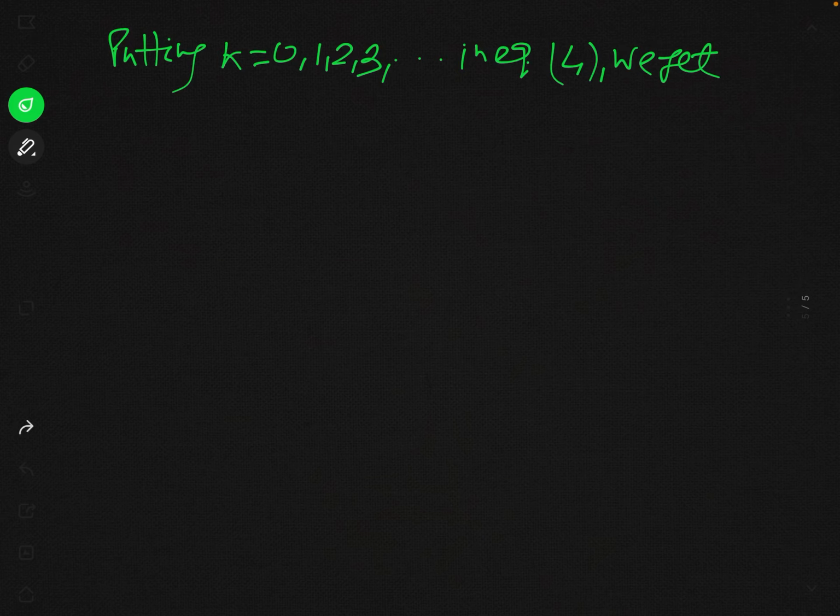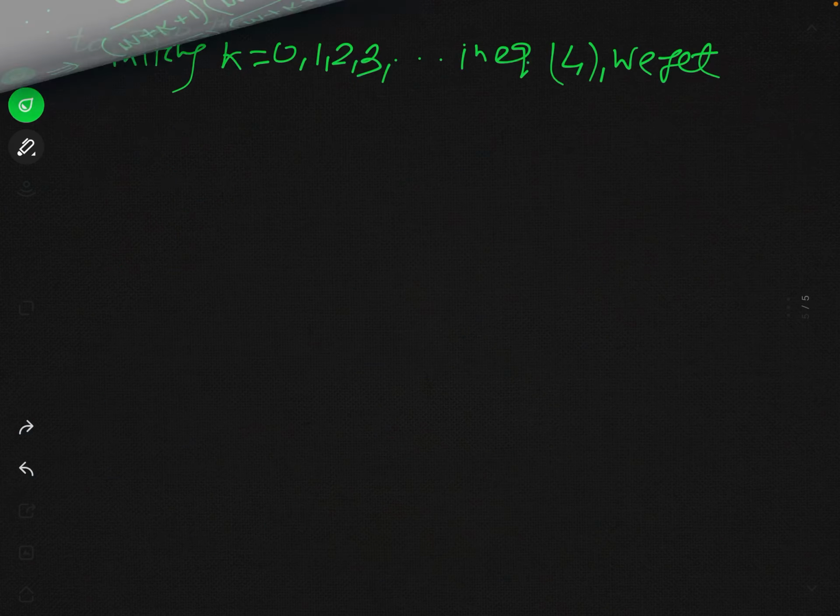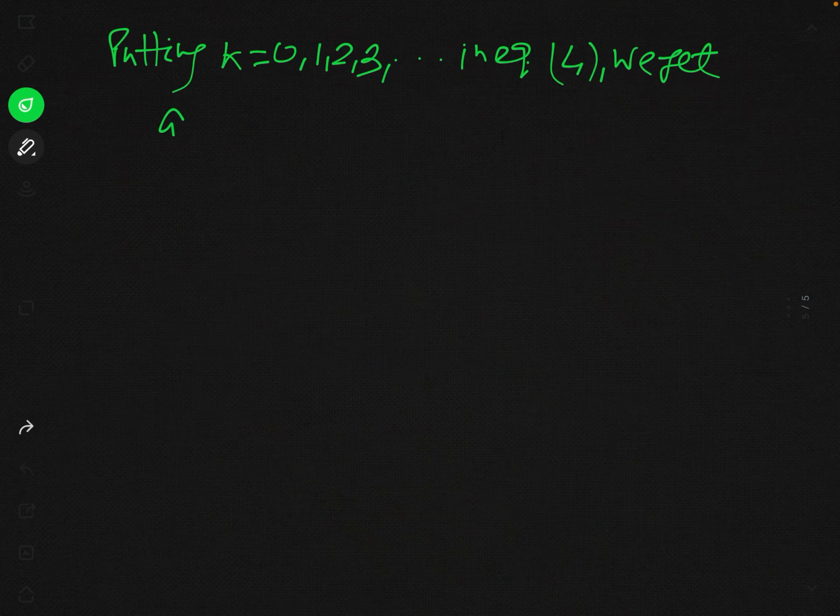in fact for simplicity I am again writing this recurrence relation so that we do not need to turn over the page. So you can see that this relation is a k plus 2 equal to what?